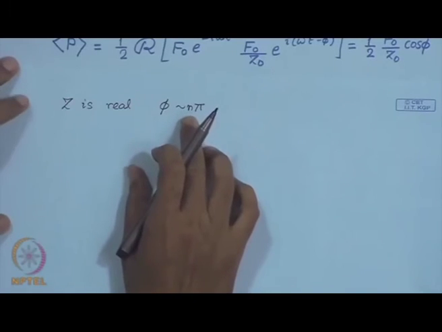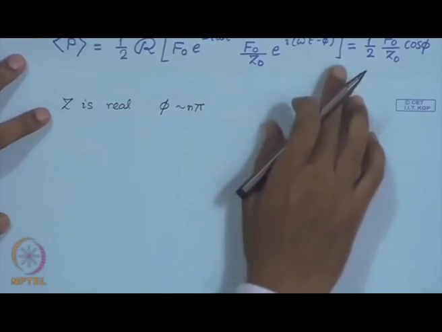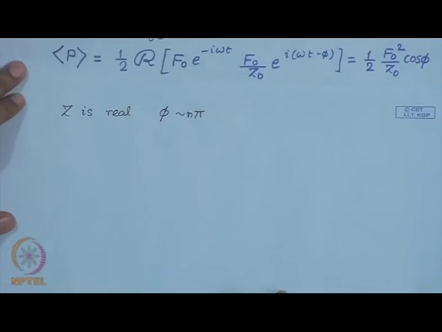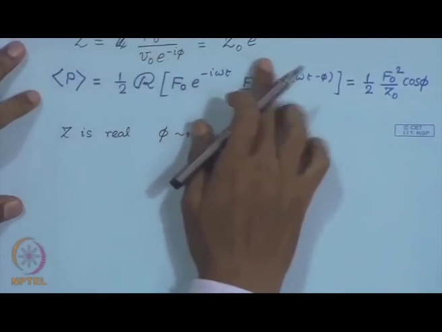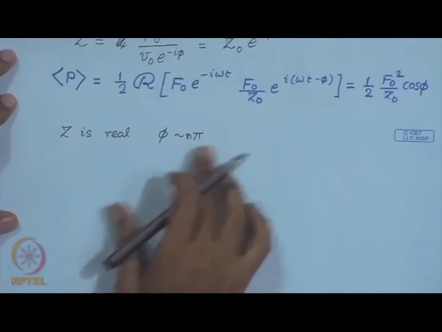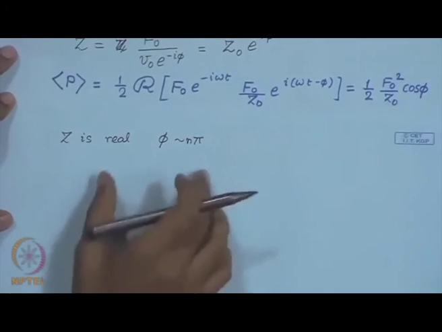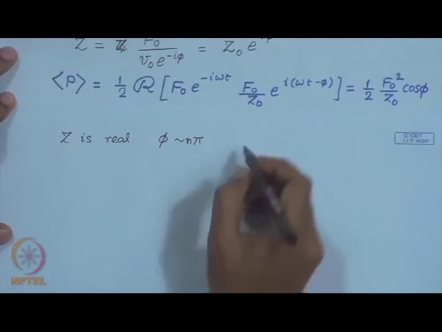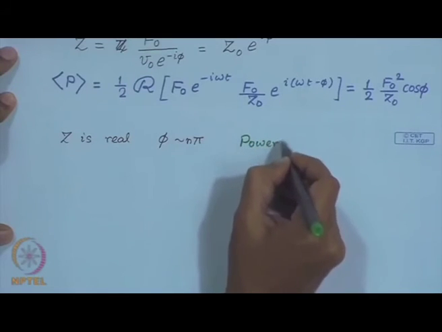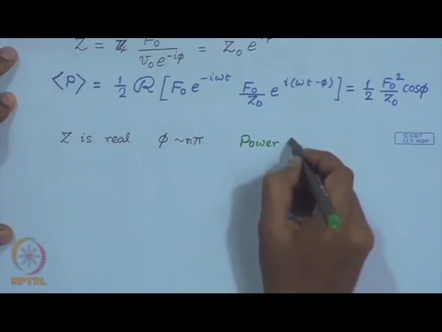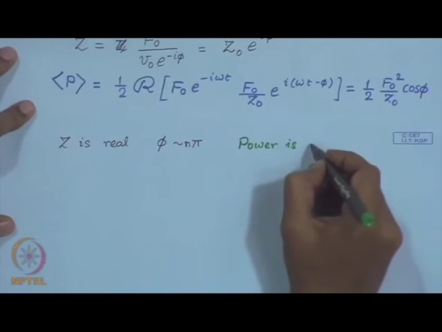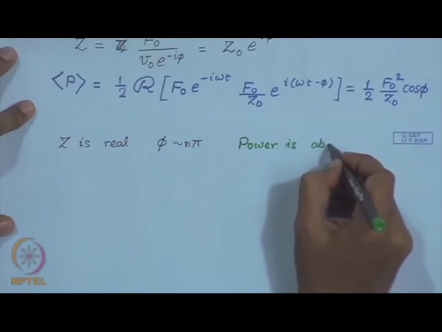Now, if it is 0, then this impedance is positive, as you can see from this expression. If it is pi, then it is negative. So, depending on that sign, power is absorbed or extracted; the expression of average power you can find out from here, with cos phi.